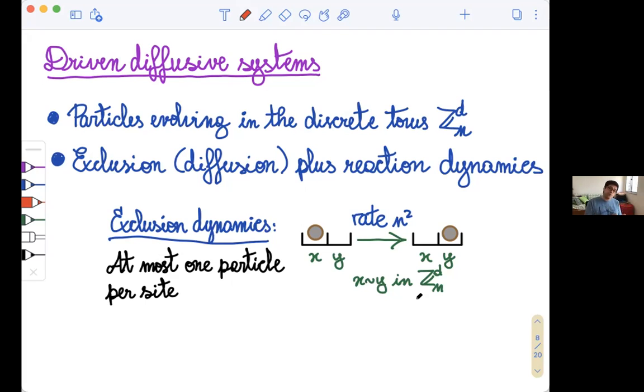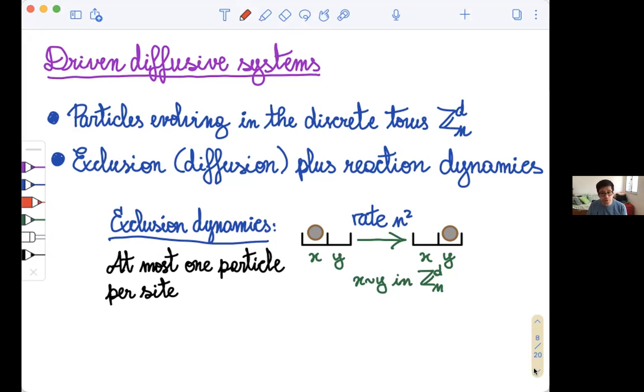So instead of particles waiting exponential times of rate 1 before hopping between neighbors, we are going to put immediately the proper time scale, so we don't have to add it later. Okay, so the rate is going to be n squared.